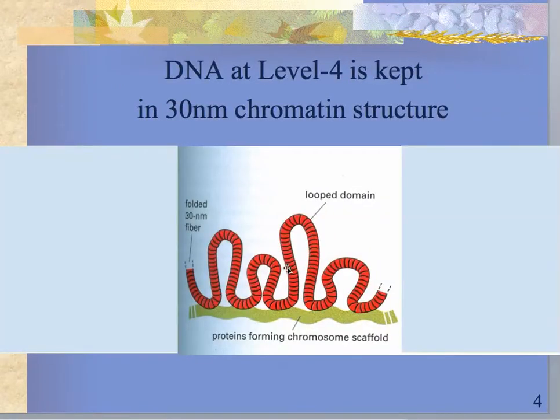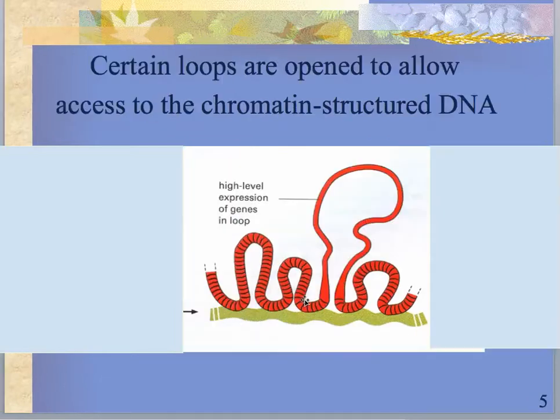This is the model that the Molecular Biology of the Cell shows. It's 30 nanometer loops of chromatin structure, and then a protein structure that holds them together. But nowhere in the book did they tell us why these loops were a particular length, and so that was the investigation that I performed.